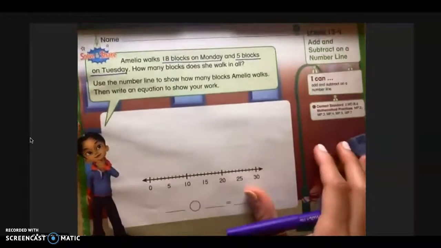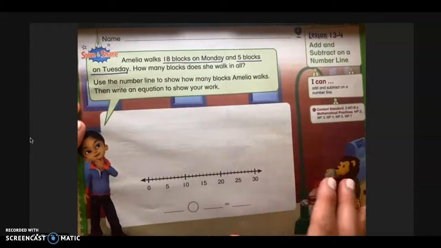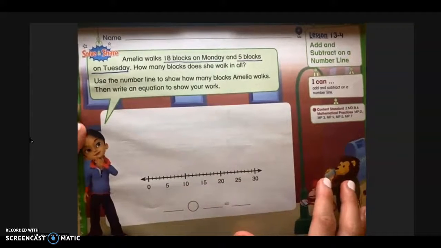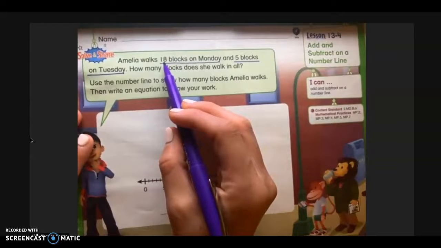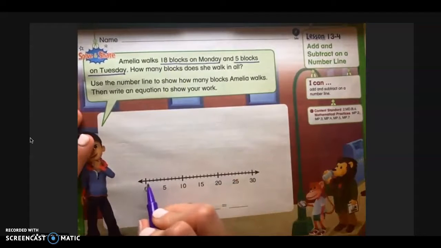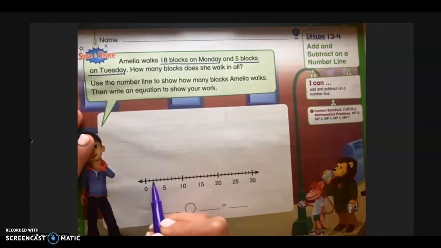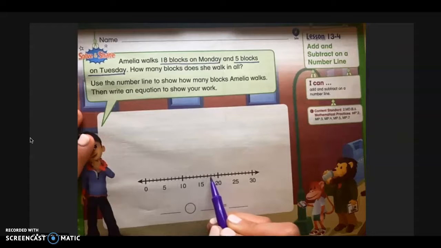Okay, so we're supposed to use this number line to find out how many blocks she walked in all. Well, first, I'll start by going to the 18 tick mark, all right? So let's see here. We first start at 0, right? Next number next to that is 1, 2, 3, 4, 5, 6, 7, 8, 9, 10, 11, 12, 13, 14, 15, 16, 17, 18.